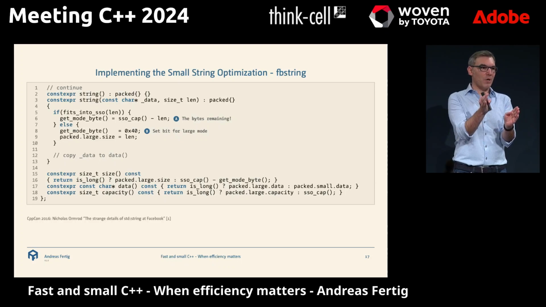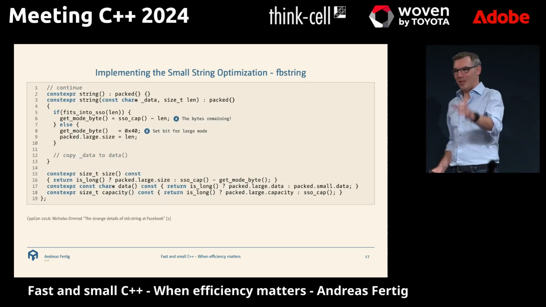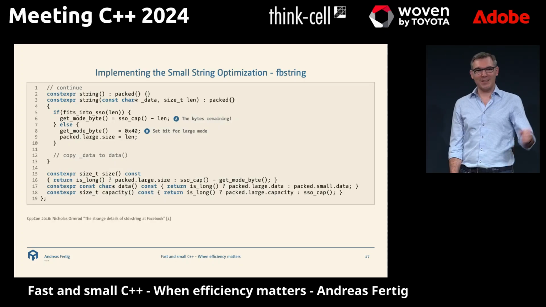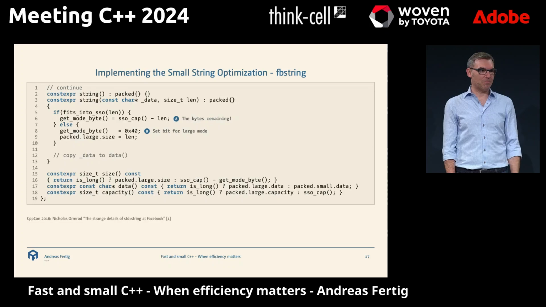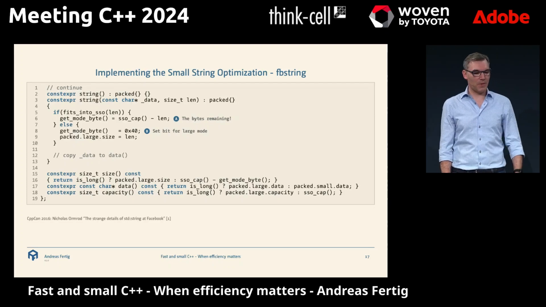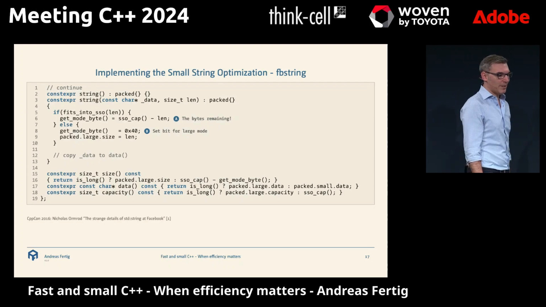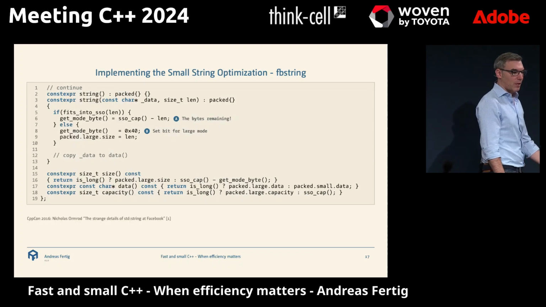So that number goes down to 0. And 0, incidentally, is your null terminator. So they combine the information of the length in SSO mode, which mode we are in, and the null terminator in one single byte. You pay with the same things as for Clang. We have now branches in all the 3 access functions.